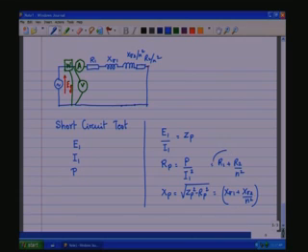Okay. So, this is RP, and RP gives you the total winding resistances of both the primary and the secondary, reflected as seen from the primary side.